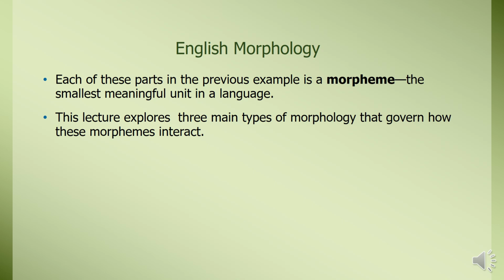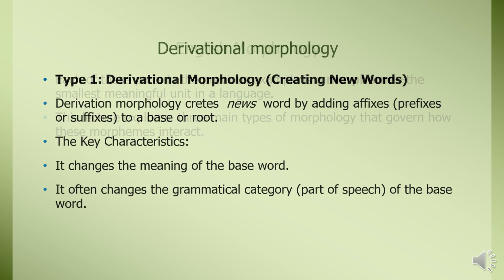Now in morphology, the morpheme is realized as morphs. Today's class centers on the three main types of morphology, and these will be discussed in turn in the coming slides.